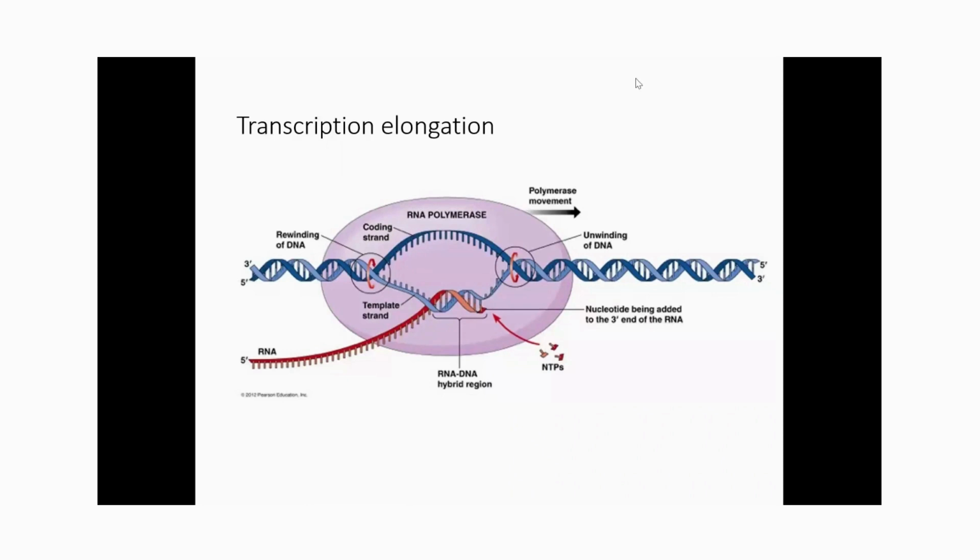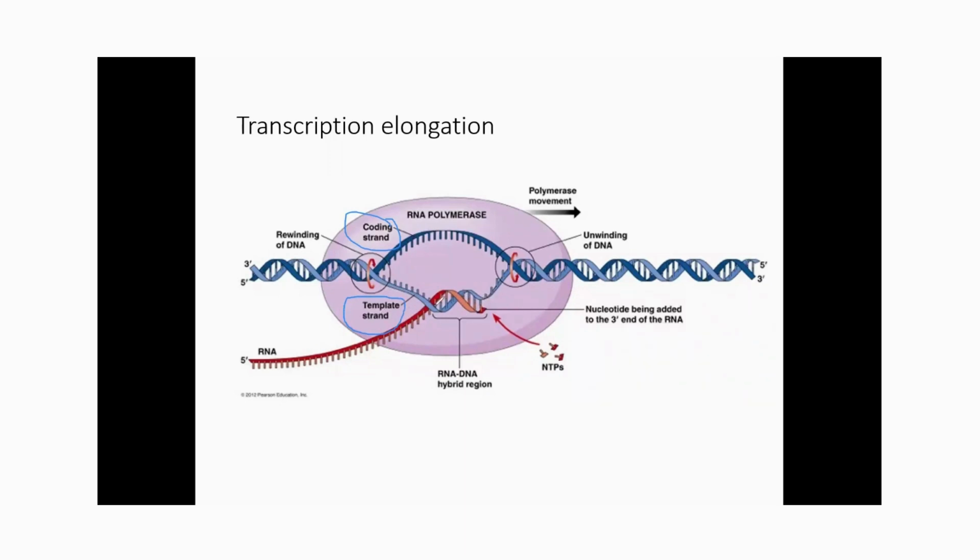You might have been observing this figure, and here this is labeled. This other strand is known as the coding strand, and the strand which serves as the template for the synthesis of the RNA molecule is known as the template strand.